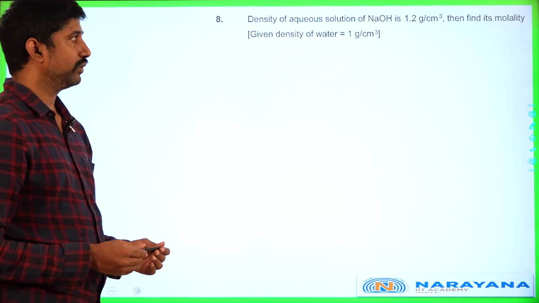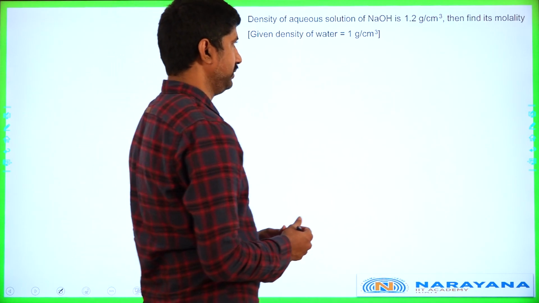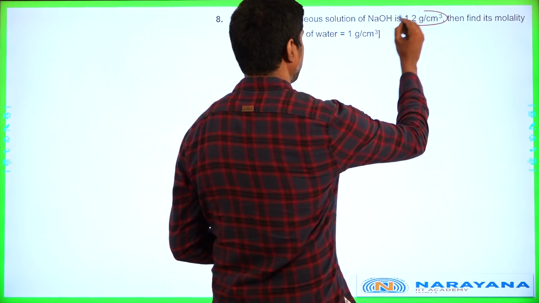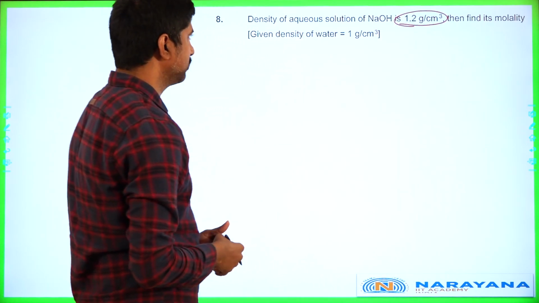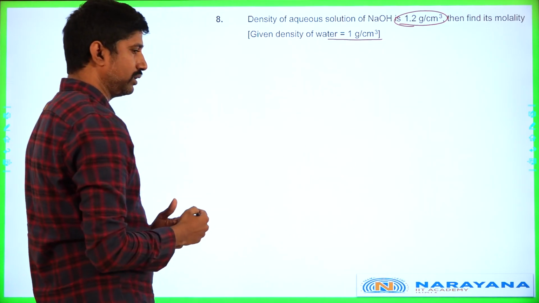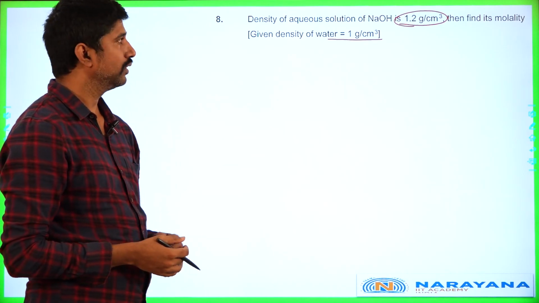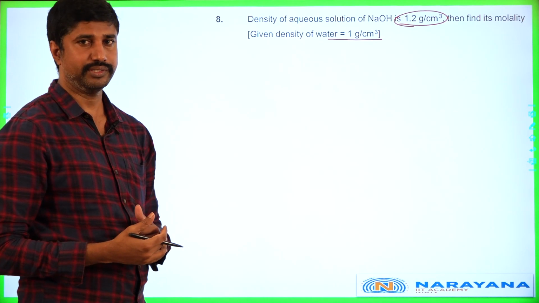Density of aqueous solution of NaOH is 1.2 gram per cc, so 1.2 gram per ml. Find its molality. They gave that the density of the same volume of water is 1 gram per cc.